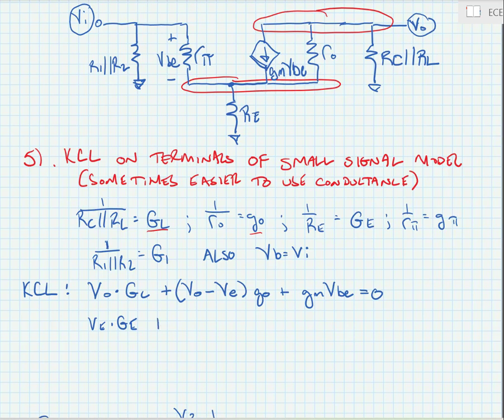We note that this expression actually is just equal to minus VBE. Now that we have our KCL expressions, we can solve for V out in terms of Vi.